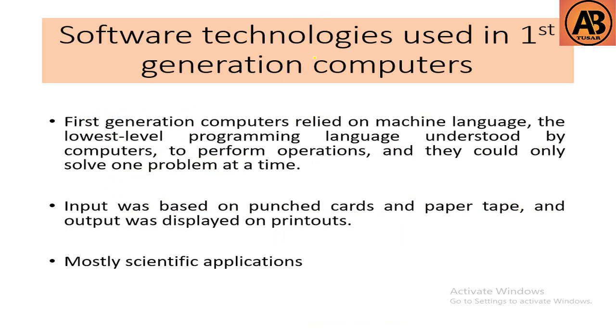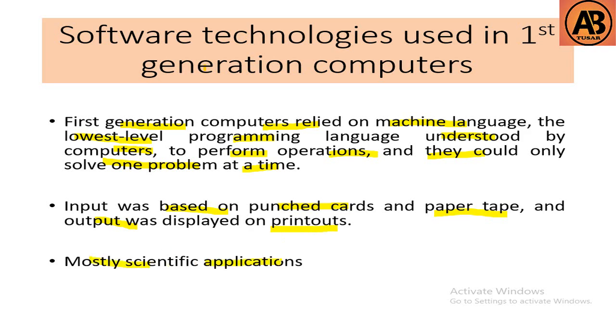Then software technologies used in first generation. First generation computers relied on machine language, the lowest level programming language understood by computers to perform operations, and they could only solve one problem at a time. Input was based on punched cards and paper tape, and output was displayed on printouts.